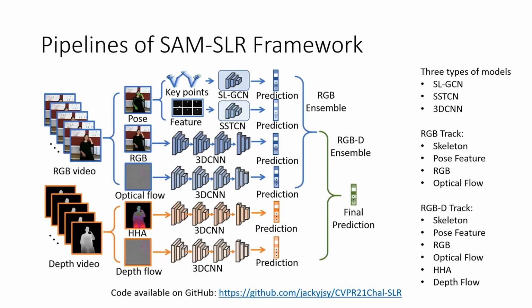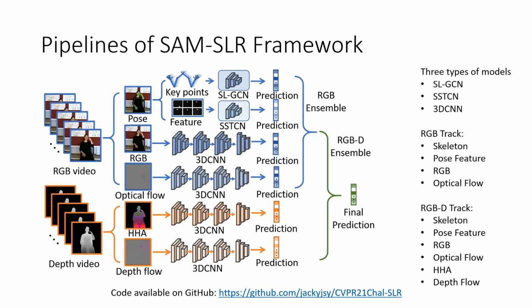Here we show the pipeline of our proposed framework. Given RGB and depth videos, first, we pre-process the original RGB and depth videos into corresponding modalities. We have 6 modalities in total. For RGB videos, we process them into pose key points, pose features, RGB frames, and optical flows. For the depth videos, we convert them to HHA representation.